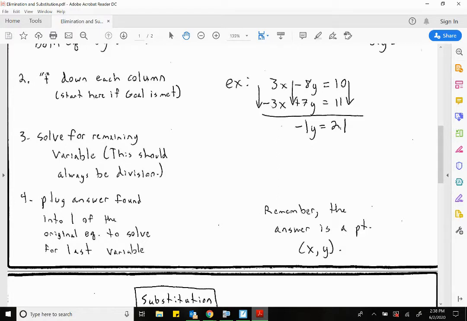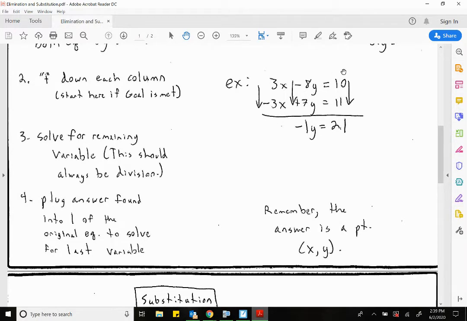What's cool about this, and the reason they call it elimination, is that if that goal is met, when you add down the column where the goal is met, they're going to eliminate each other. Because 3 plus a negative 3 is 0. X eliminates. That's why we like it when the goal is met, because it just eliminates that variable.